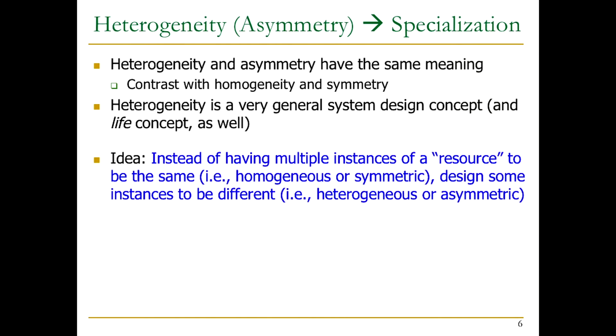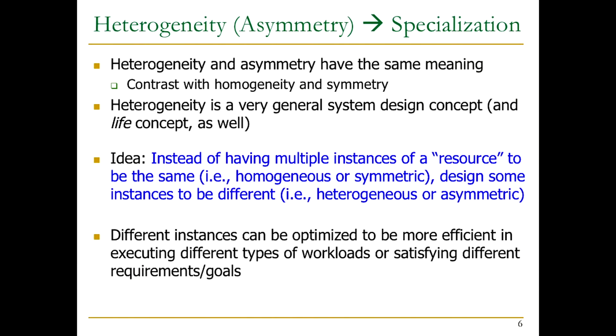So basically, the idea is simple. Instead of having multiple instances of a resource to be the same, or homogeneous, or symmetric, design some instances to be different, or heterogeneous, or asymmetric. And different instances now can be optimized to be more efficient in executing different types of things.